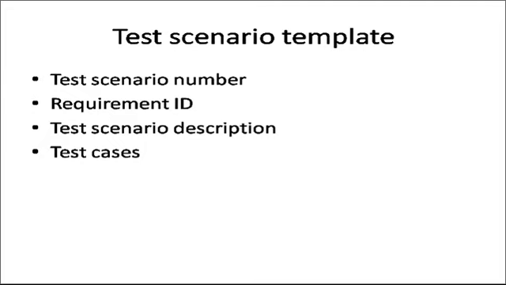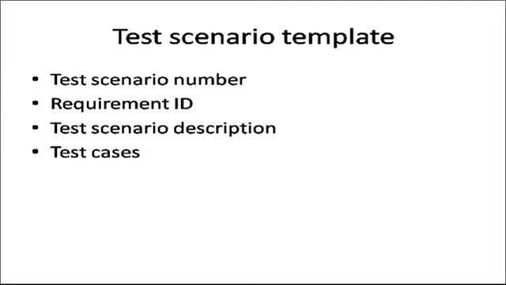The next field is requirement ID. Requirement ID means, for the particular requirement given in the software requirement specification document, for which you are writing the test scenario, that requirement ID you should mention here.